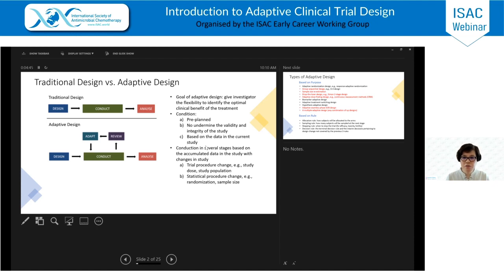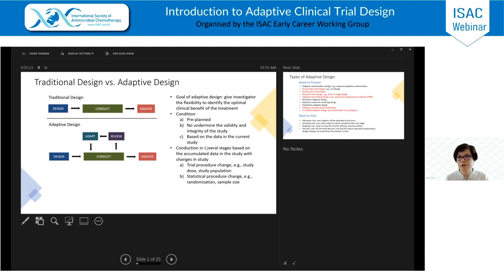Adaptive design in statistics was first seen about 40 years ago if you look at the literature, but in the recent 10 years it has become more popular, because in 2004 FDA released the critical path initiative, and later, I think 2006, FDA released the critical path opportunities.